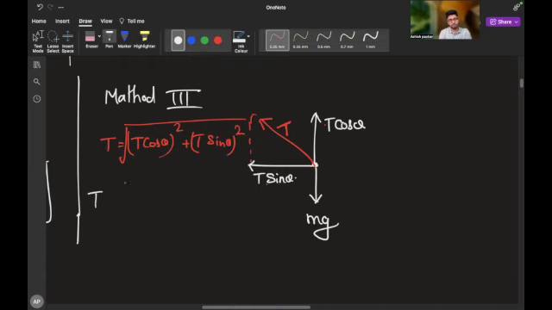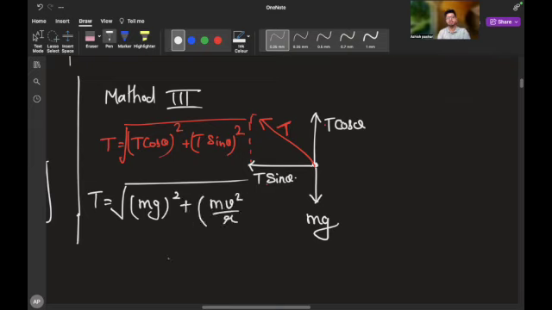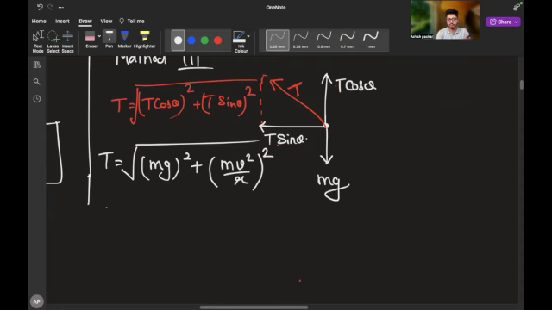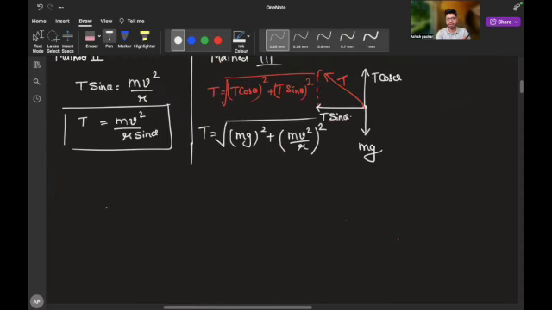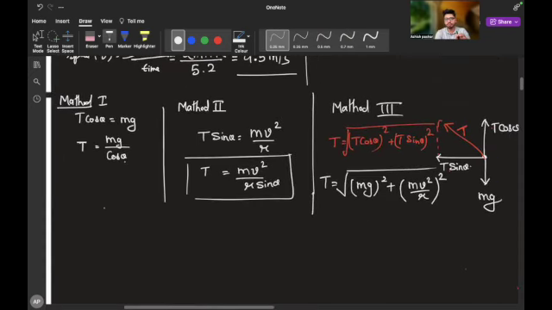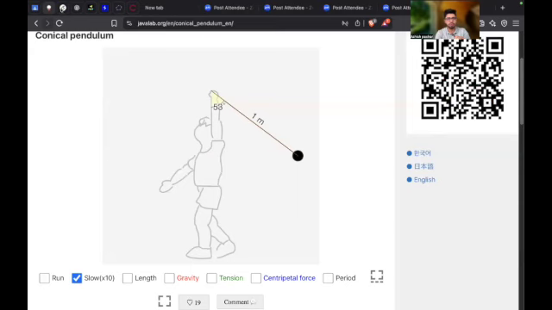Now, T cos theta is equal to the mg force, downward force, and T sine theta is mv square by r. You can calculate this way. Do not forget to put the square. And again, you will get the same answer. So this is the way. These are the three ways that you can do it, and the teacher will allot you the marks for that.